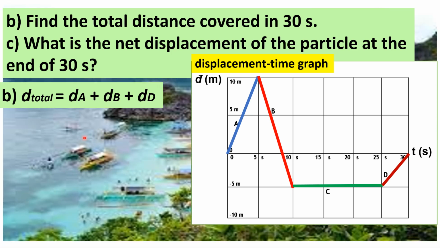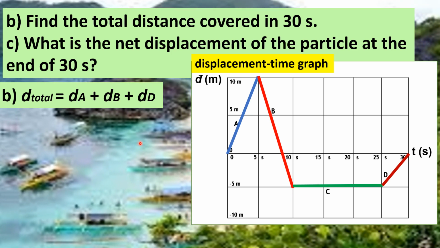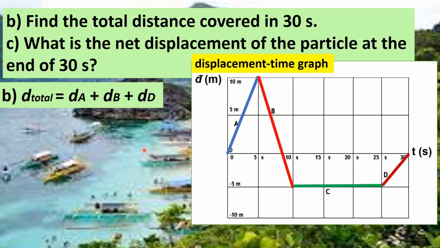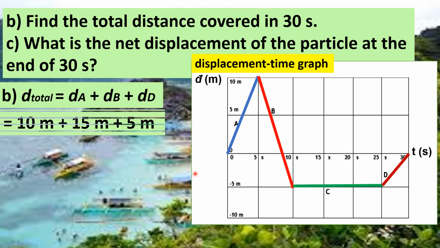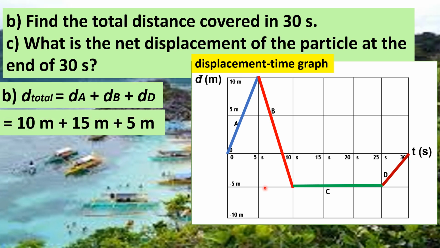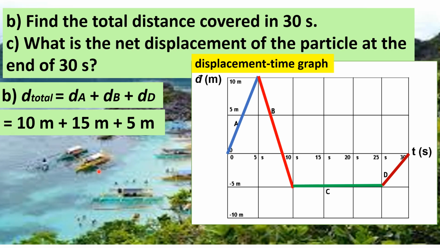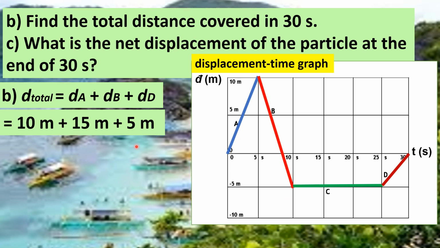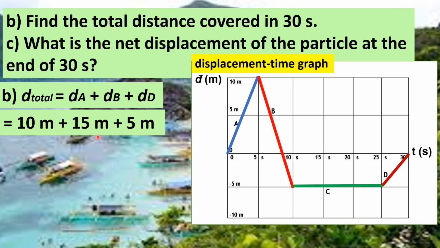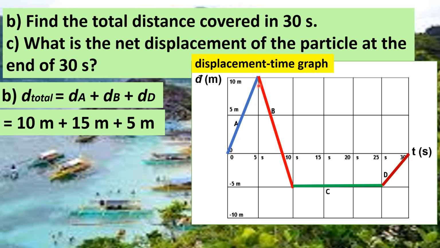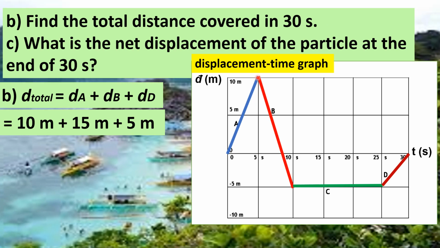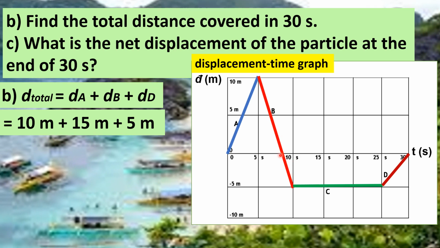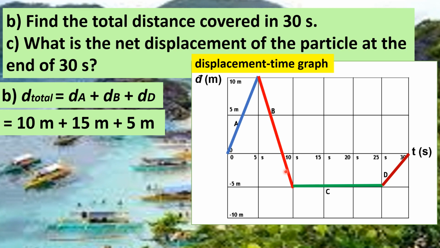So, in our formula for total distance, we are just adding here the distances represented by segments A, B, and D. That is, the total distance for segment A is equal to 10 meters, plus the distance represented by segment B is in fact 15 meters. Why? Because from 5 seconds to about 7.5 seconds, it has traveled 10 meters.